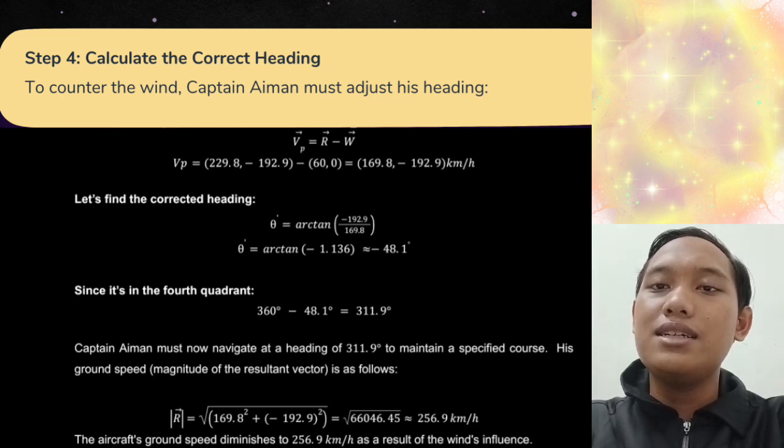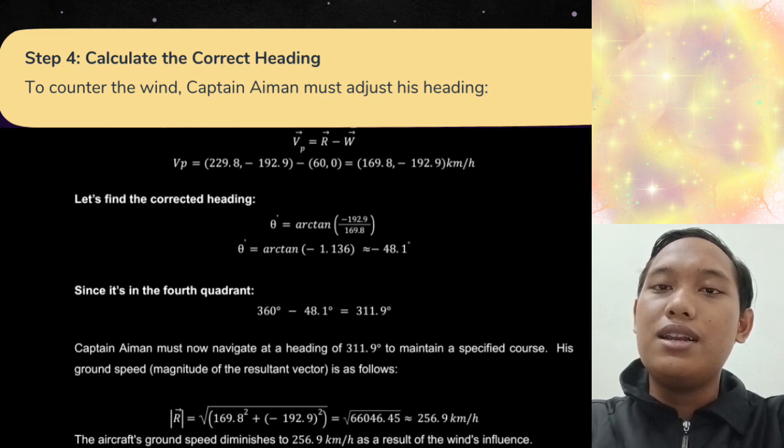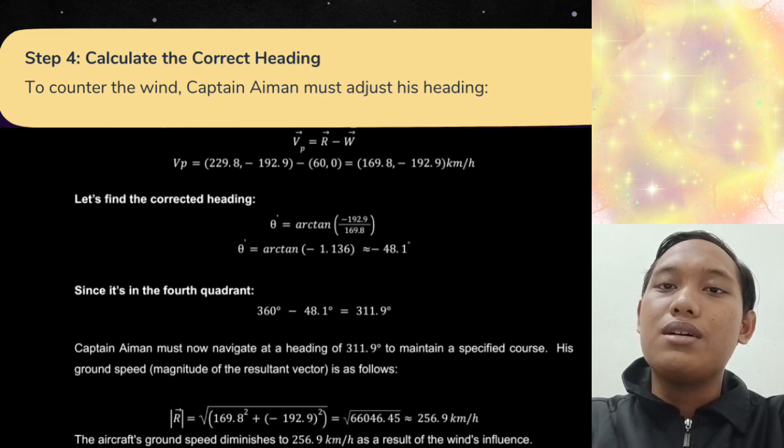Since it is in the fourth quadrant, we calculate 360 degrees minus 48.1 degrees, which equals 311.9 degrees. Captain Aiman must now navigate at a heading of 311.9 degrees to maintain the specified course.